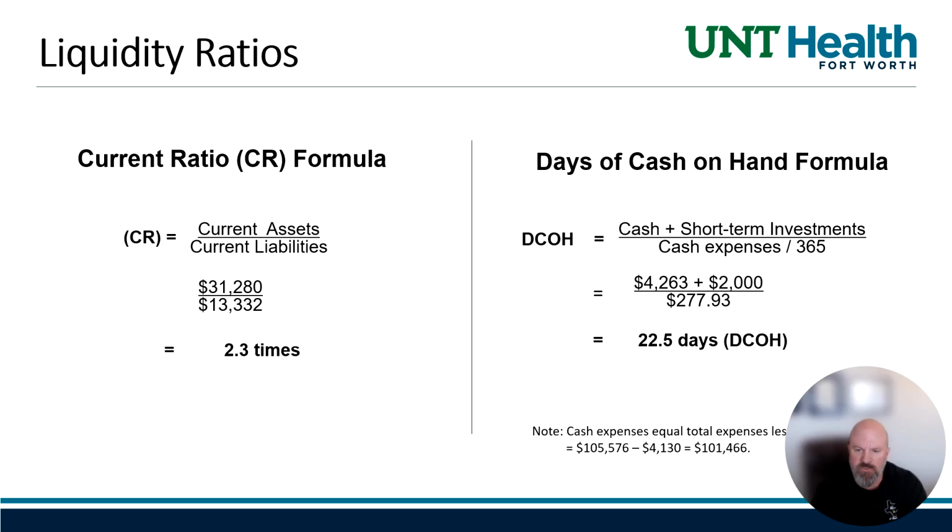So for this one, when you do the math, they have 22.5 days of cash on hand. Again, I refer back to the pandemic, when we were not getting revenues and things were really going crazy, but we were spending all this time and money and resources and effort on treating all the very, very sick patients. That really caused days of cash on hand to evaporate and disappear for a lot of companies, okay?